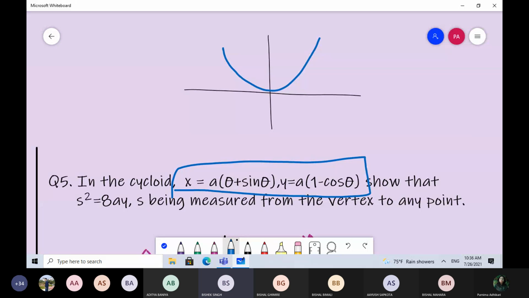Yes. त्यही इक्वेसन हामीले प्लट पनि गरेर हेरे हैन एउटा साइक्लोइडलाई? You were expecting 1 here in place of theta? Yes, ma'am. No, it's theta.